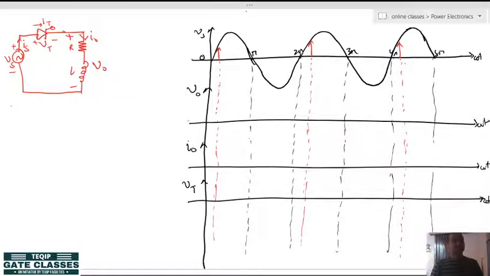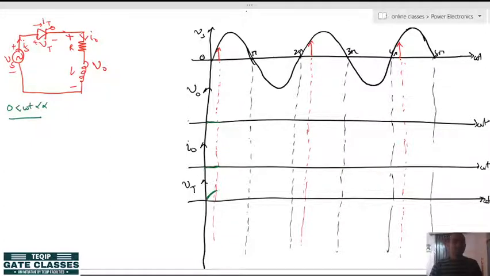So, here you can see from 0 to alpha, what is happening again, the thyristor is reverse biased. When the thyristor is reverse biased, no current will be flowing and the circuit will be disconnected, the load is disconnected from the source as we have seen earlier. So, the output voltage will be 0, the output current will be 0, but the thyristor will have some forward blocking voltage, that is here.